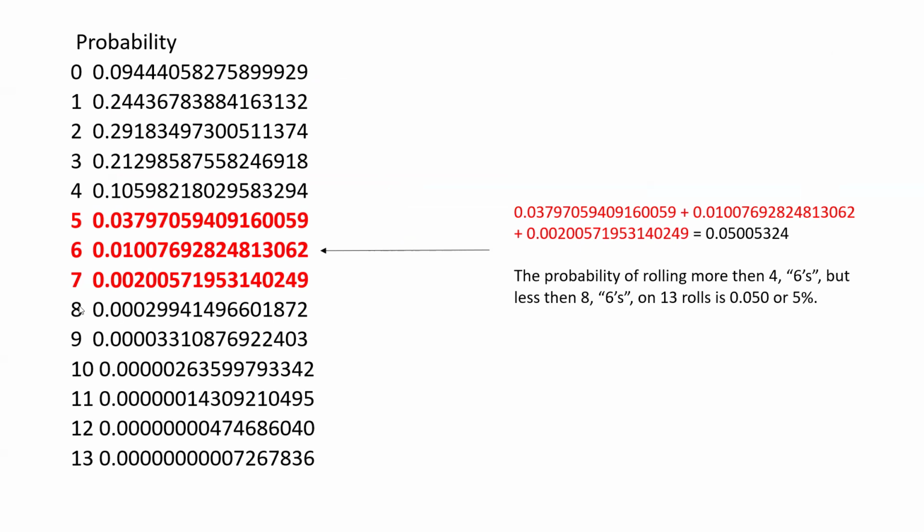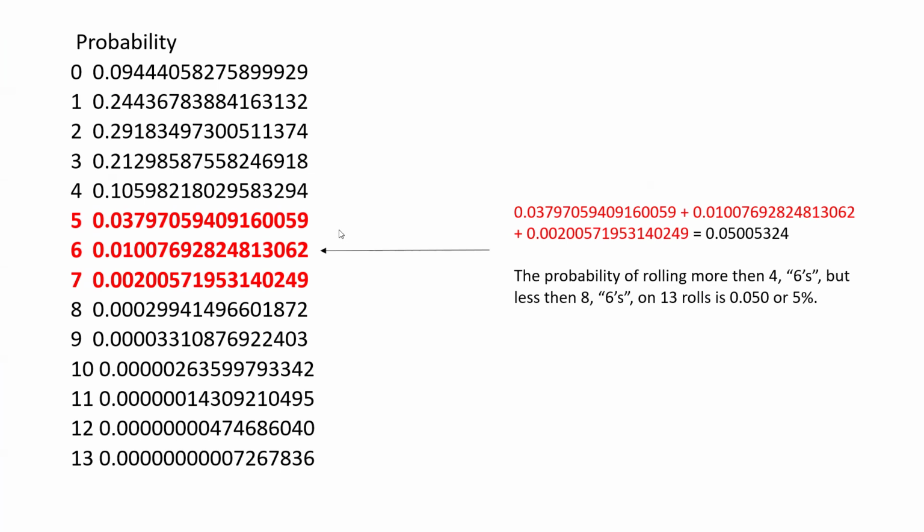As far as 8 is concerned, 7 is less than 8, 6 is less than 8, and 5 is less than 8. So it has to adhere to both limitations: more than 4, but less than 8. That leaves 5, 6, and 7.